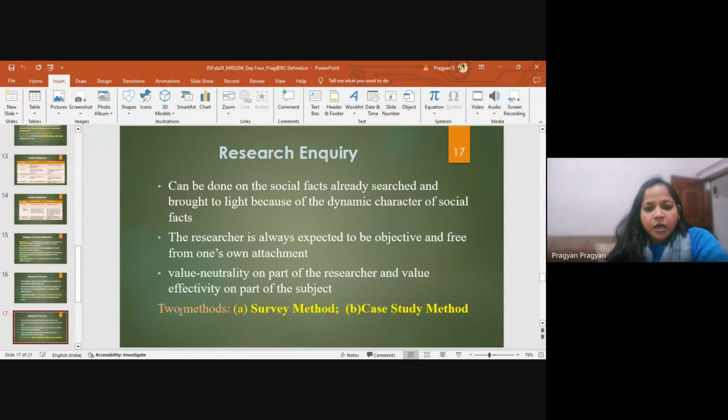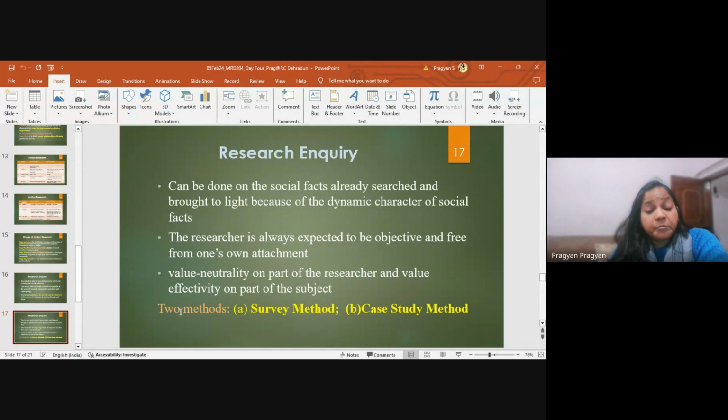So there are two basic methods in this type of research inquiry. First is the survey method, and the second is the case study method. The basic difference is that survey methods are larger, extensive, quantitative, but case study methods are intensive. That means in the case study method, you are trying to zero in on your subjectivity so that you can understand the whole process.